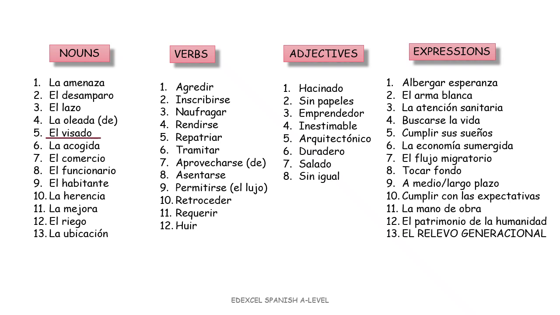Another warning, when you translate inhabitant, remember it's habitante, it's not inhabitante. Also, be careful when translating location. It's not locación, it's ubicación. An important word for this topic is, sadly, naufragar, to sink.